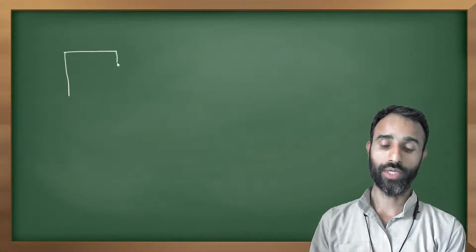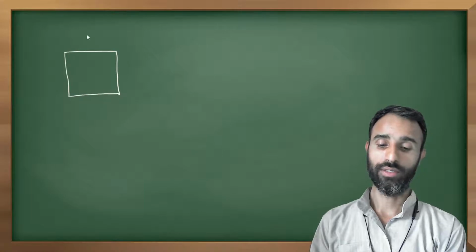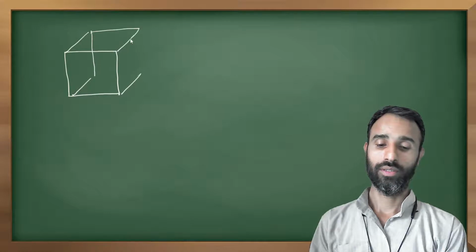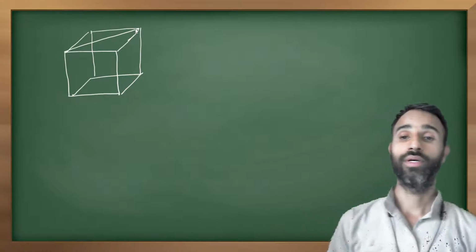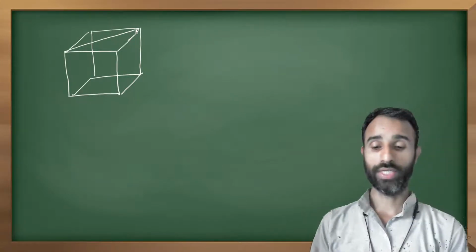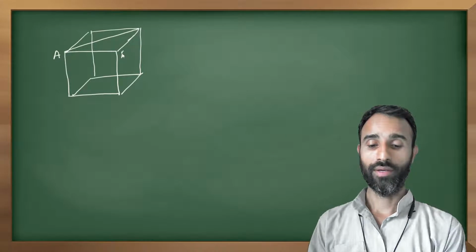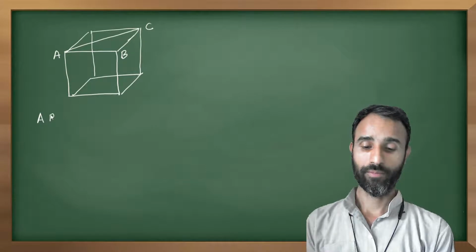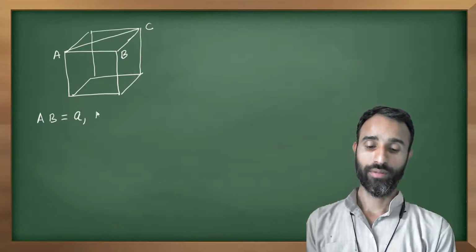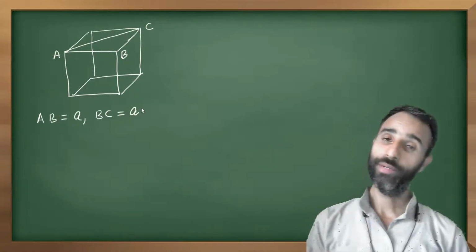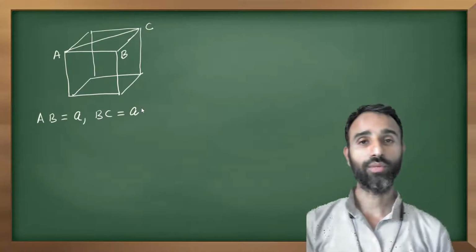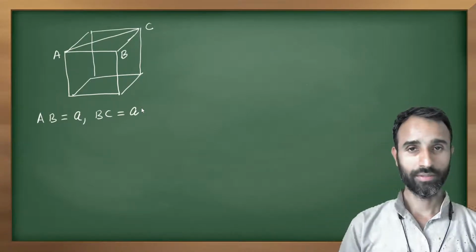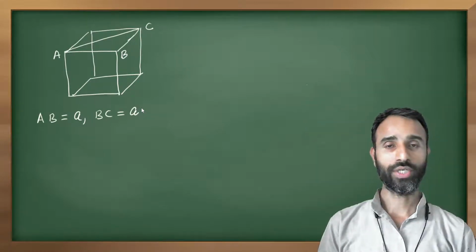In FCC, spheres are touching along the face diagonal. So A, B, and C. AB equal to A. BC is also equal to A because A is the edge length of the cube that we have already written.